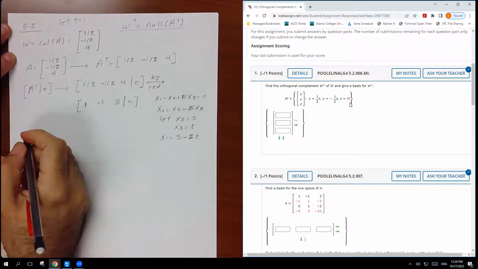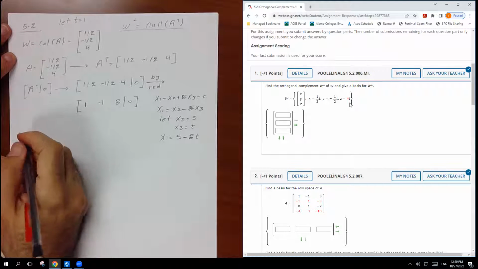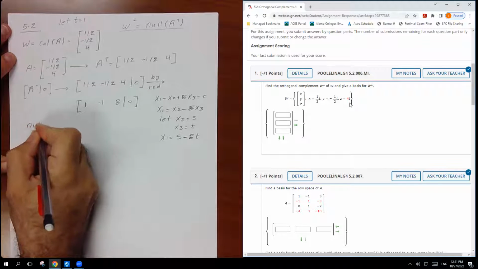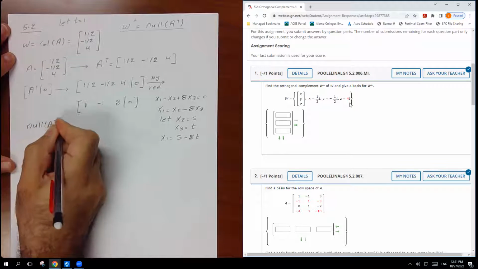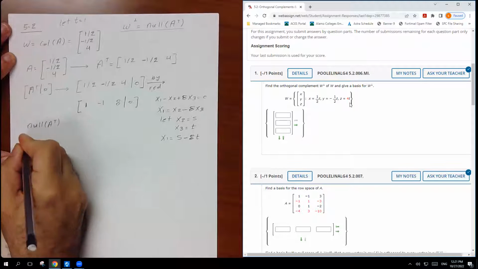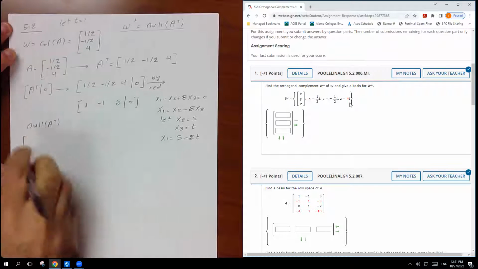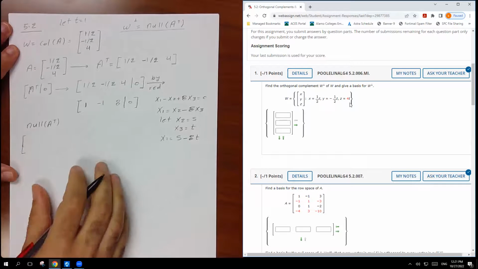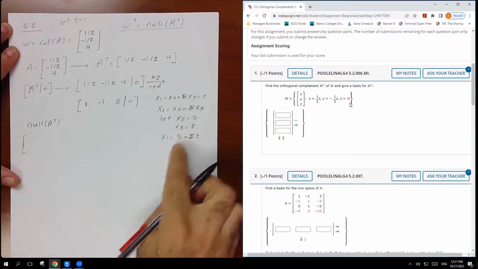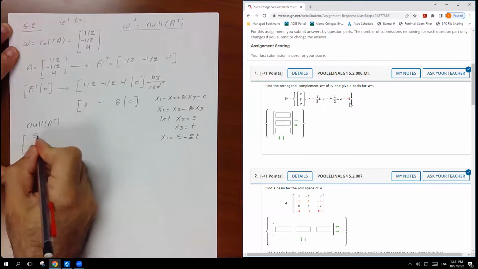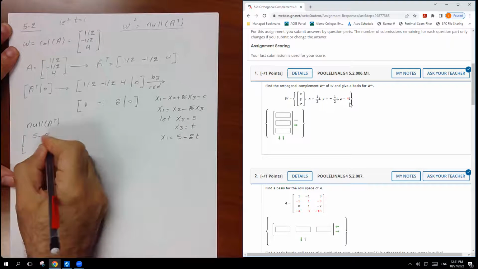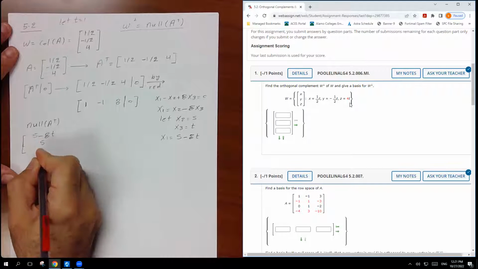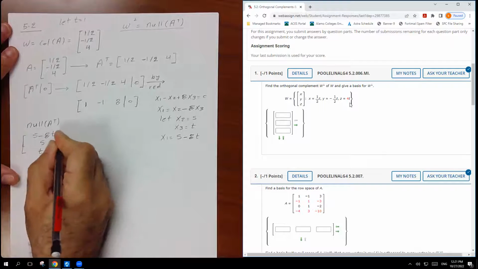So the null space of A transpose, we did this one before. X1 is going to be s minus 8t, and here is s, and x3 is t.